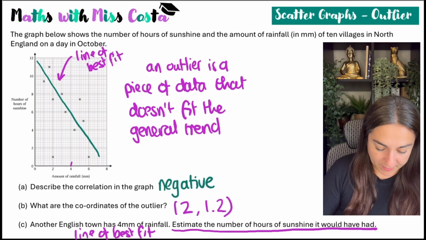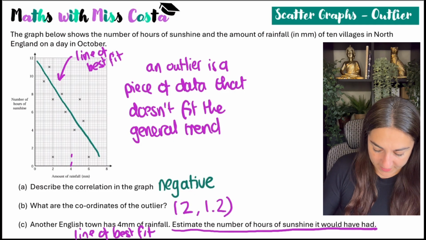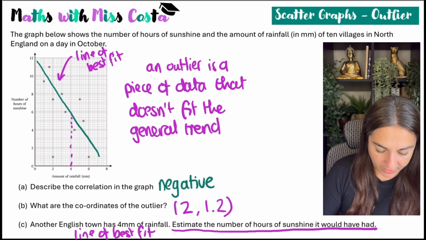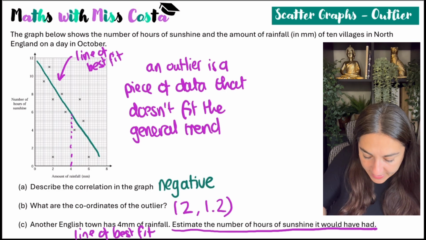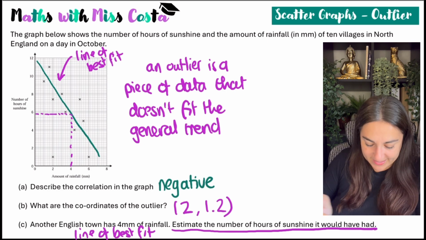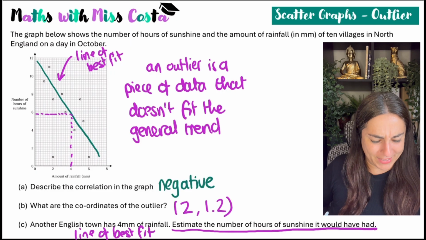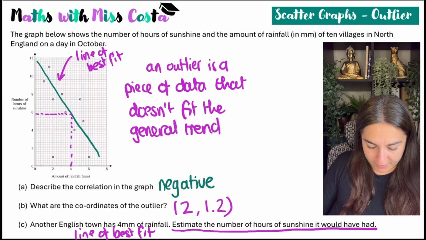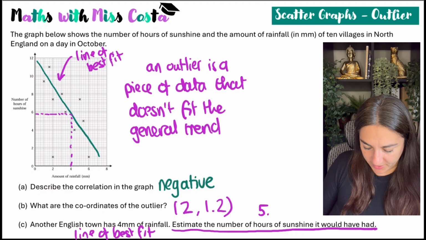And then to estimate using your line of best fit, when there's 4 millimetres of rainfall, I go up to the line and then I go across. So again, this is not great on a really tiny iPad, but that would be 5.8 hours of sunshine.